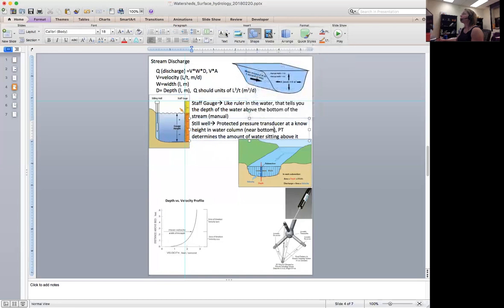Now, pressure transducers often run about $500 to $2,000. And they require you to go out and download them.